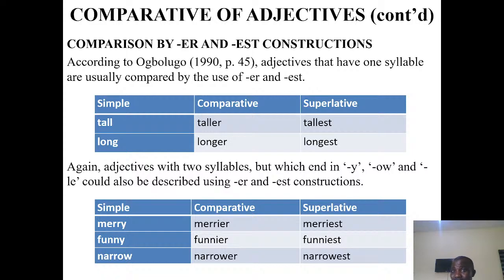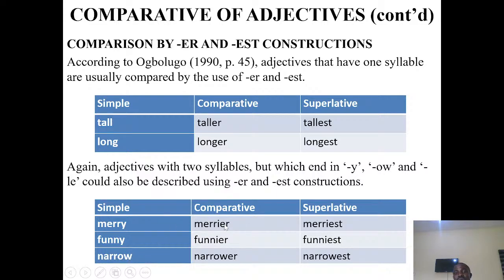But when we are dealing with two syllables, we use more and most. But there are some two syllables that we can use ER and EST with: when the two syllable word ends in Y, as in Mary, LE, as in little, and OW, as in narrow.